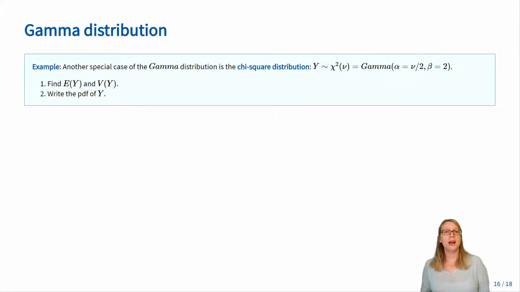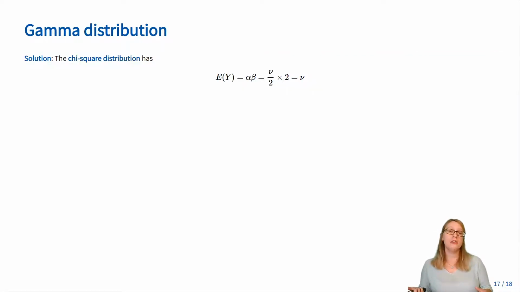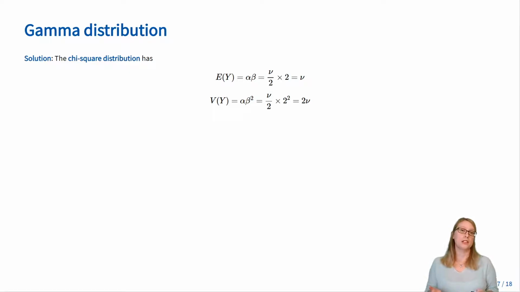So let's find the expected value and variance for this distribution and write the PDF of Y. So starting with the expected value of the chi-square distribution, the expected value is alpha times beta, so nu over 2 times 2, or nu. The variance of a chi-square distribution is alpha times beta squared, so nu over 2 times 2 squared, or 2 nu.